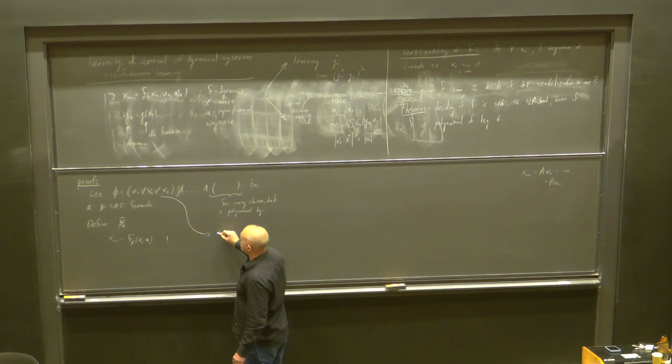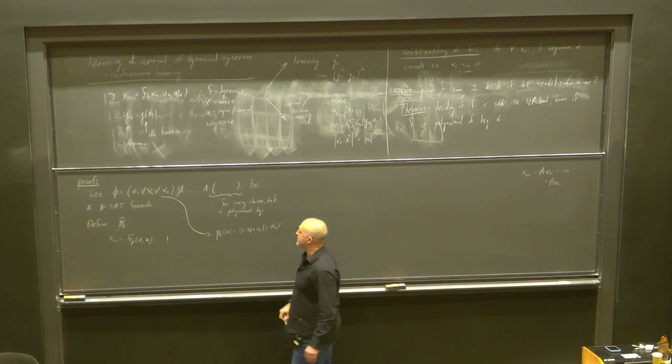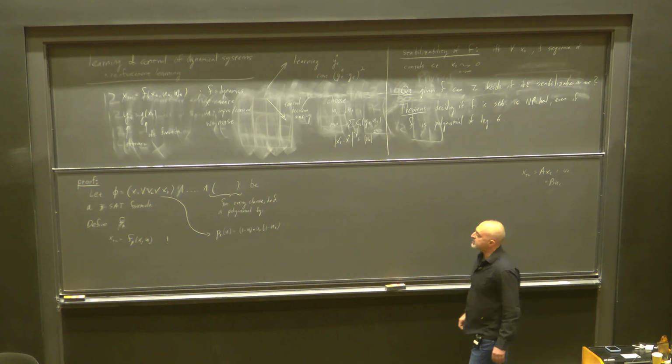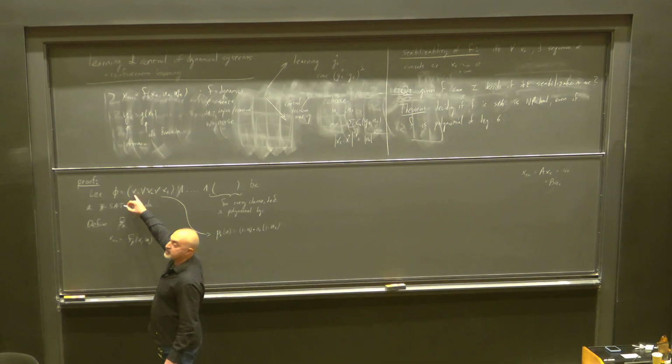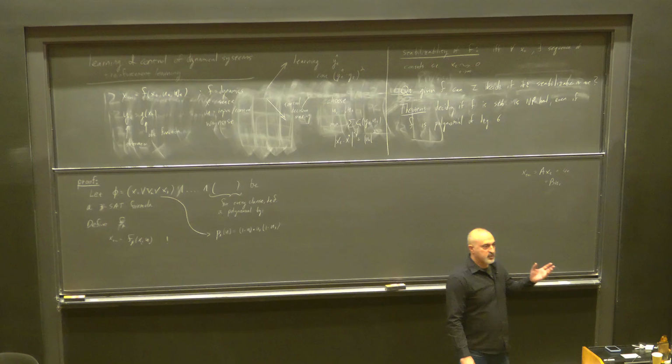Let's take this clause, for example. The polynomial corresponding to clause 1, which I denote by P1. P1 of u is going to be (1 minus u1) times u2 times (1 minus u3). The way I chose it, u2, 1 minus, and so on, is by looking at the clause and looking at whether the literal here was the actual literal or its negation. According to that, I determine the sign, 1 minus or not 1 minus.